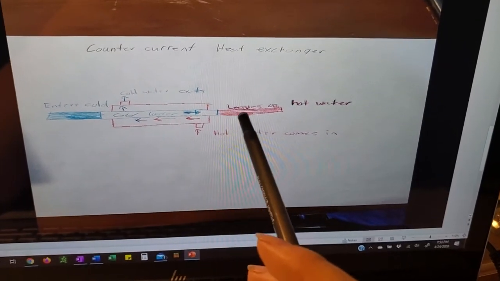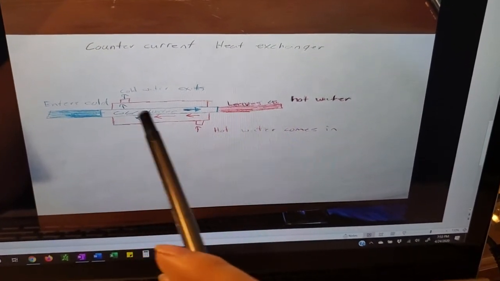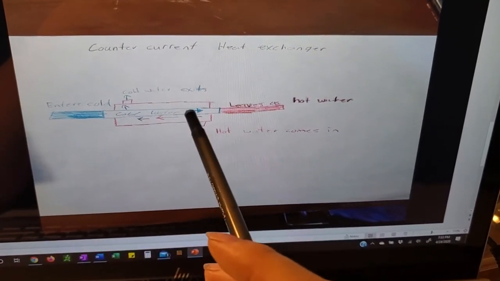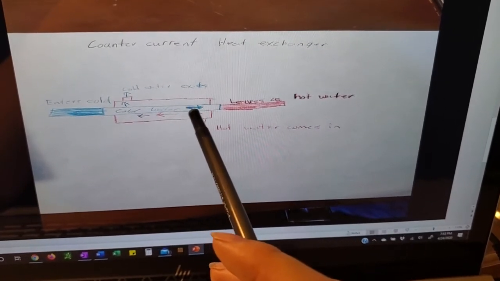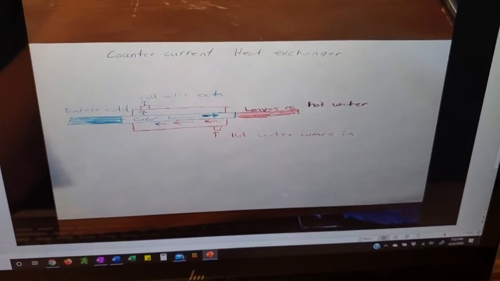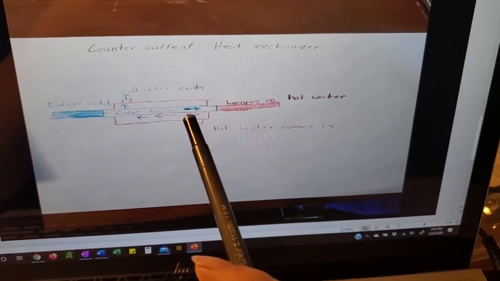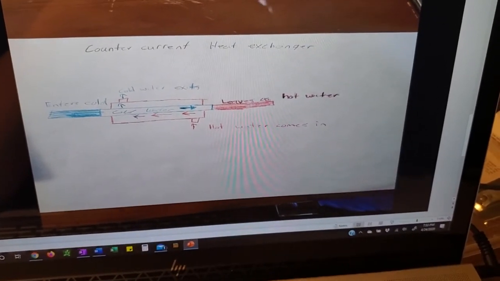Cold water goes through, hot water goes back the other way, and it maximizes the amount of energy that's being used right here to warm the water, where you would only get 50% if you were going with concurrent exchange, meaning all the water is flowing in the same direction.